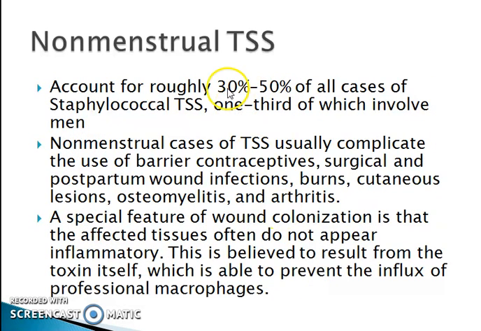Non-menstrual toxic shock syndrome accounts for roughly 30 to 50% of all cases of staphylococcal toxic shock syndrome, and one third involve men. It usually complicates the use of barrier contraceptives, surgical and postpartum wound infection, burn, cutaneous lesion, osteomyelitis, and arthritis.